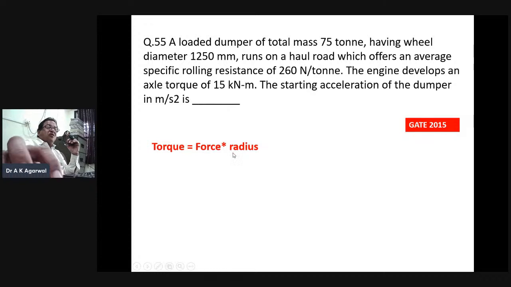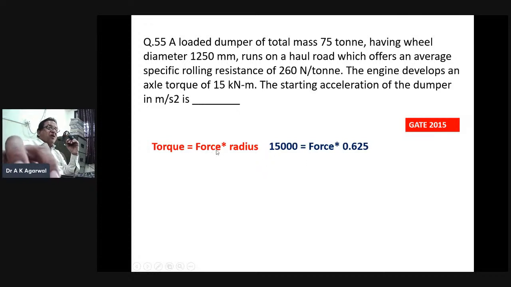We know torque is equal to force into radius. The engine develops an average axial torque of 15 kilonewton meter, means 15,000 Newton meter.